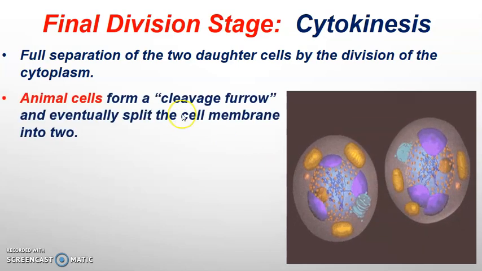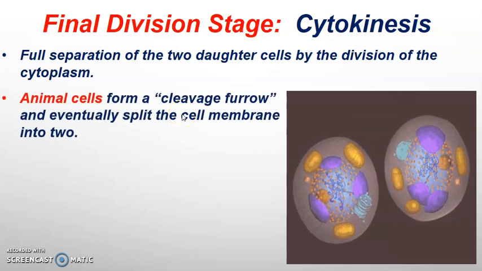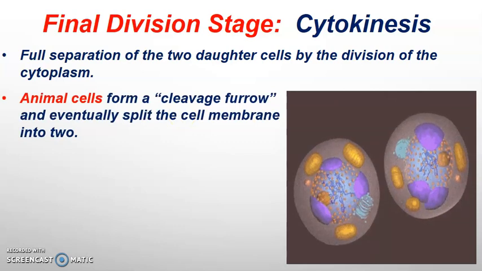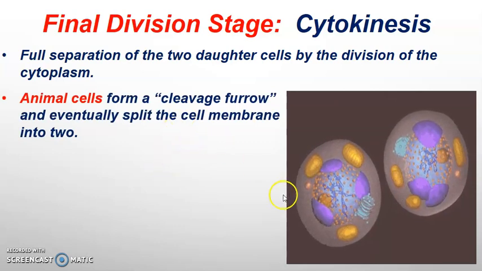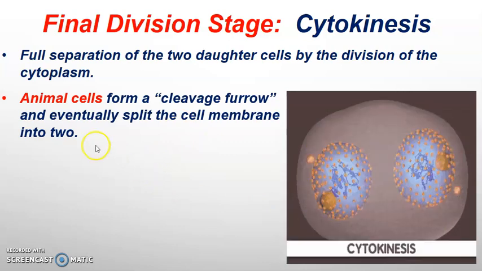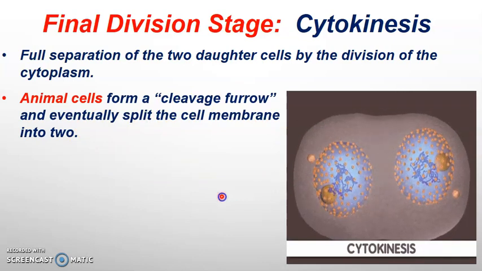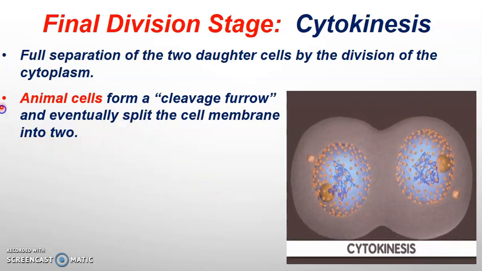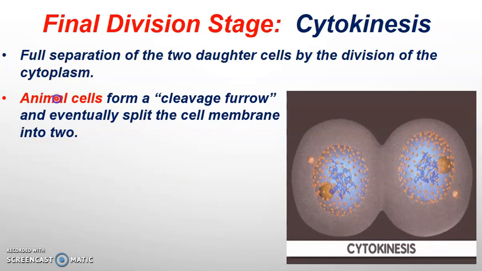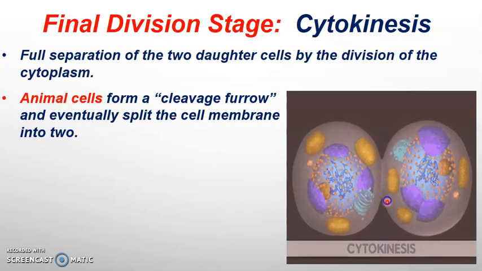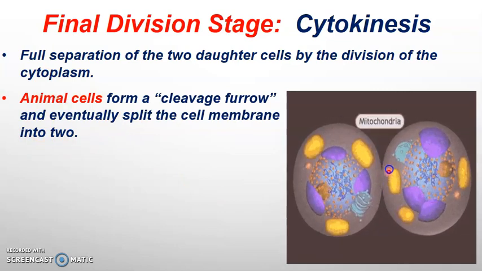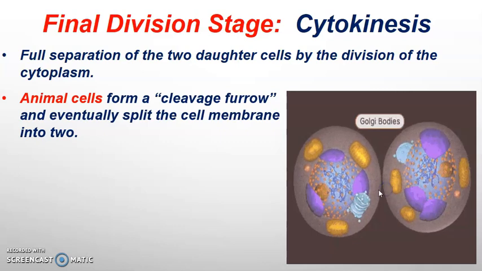So your second key difference in mitosis between animals and plants is that only animals do this cleavage furrow and separate the 2 daughter cells into 2 individual units. This is only done by animal cells, because this pinching is being aided by the centrioles and the spindle fibers that are within the cells.